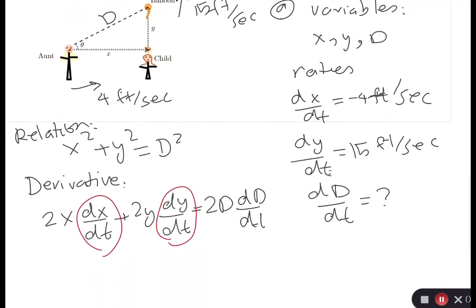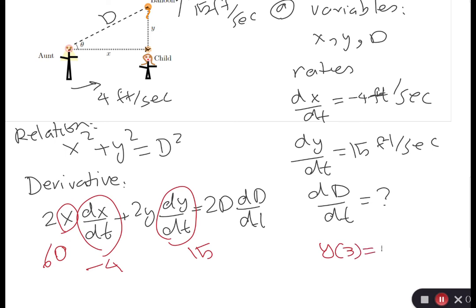So at that instance, x is 60 feet, and again, this rate is negative 4. This other rate is 15. And I need y, but how do I find y? The rate of rise is 15, so y at 3 seconds is 15 times 3.